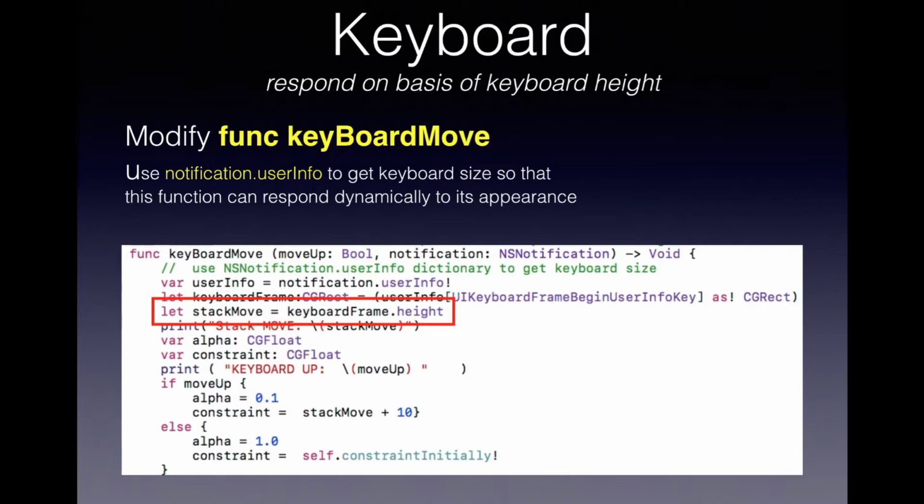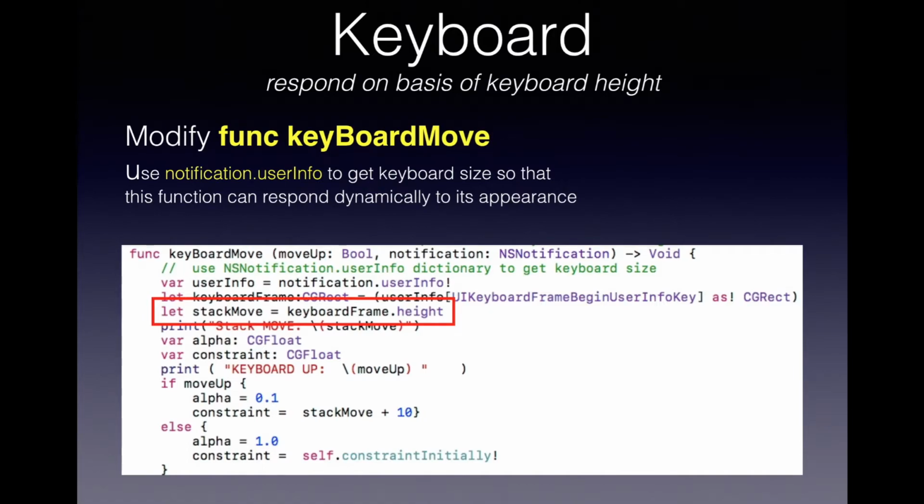I think this sounds very convoluted, but this is where the information is. And this is how you get it. And this is the information you need to accomplish this. And this spells it out for you in very precise detail. And then you take the height property of the keyboard frame, and that tells you the vertical height of the keyboard that just appeared.